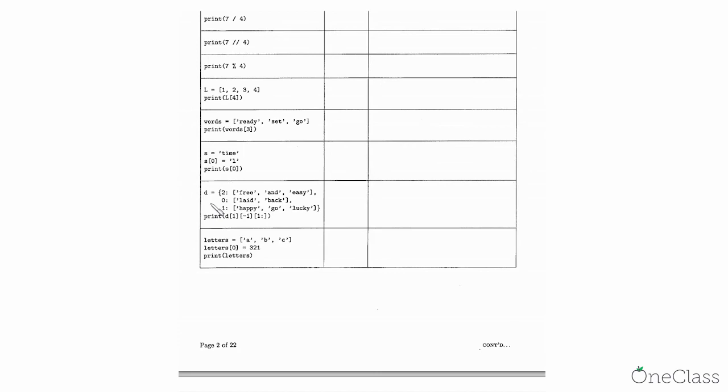So this one, you have a dictionary which contains 3 elements, and the corresponding values are lists. Print D[1]. First of all, D[1] is not the second element of the dictionary; it is the key which equals 1. So D[1] gives you the value associated with key 1, which is a list: happy, go, lucky. So we ignore the rest, and now we check this part. [-1] of this list means the last element, which is lucky in this case.